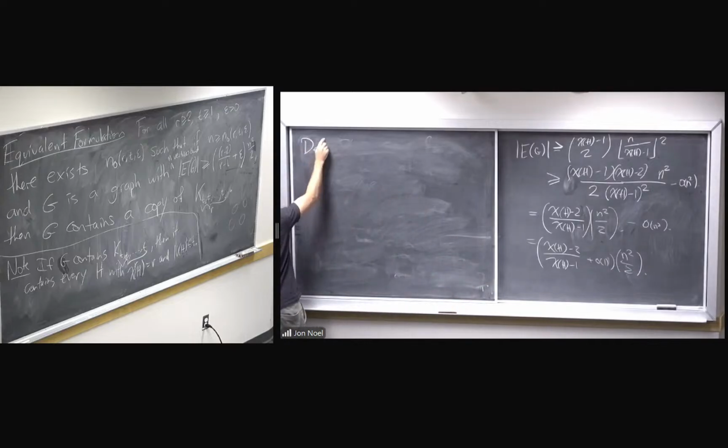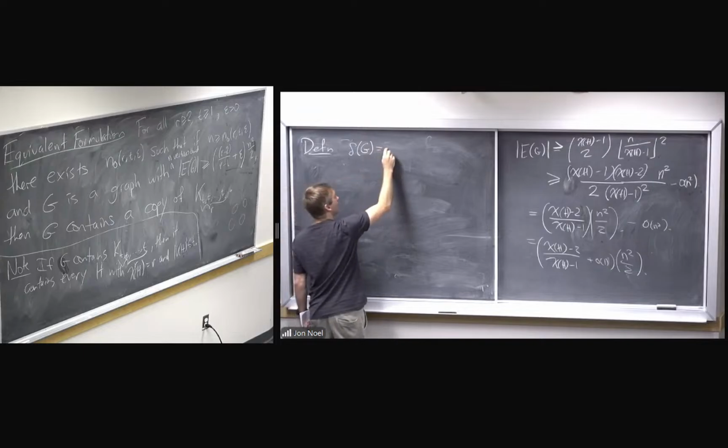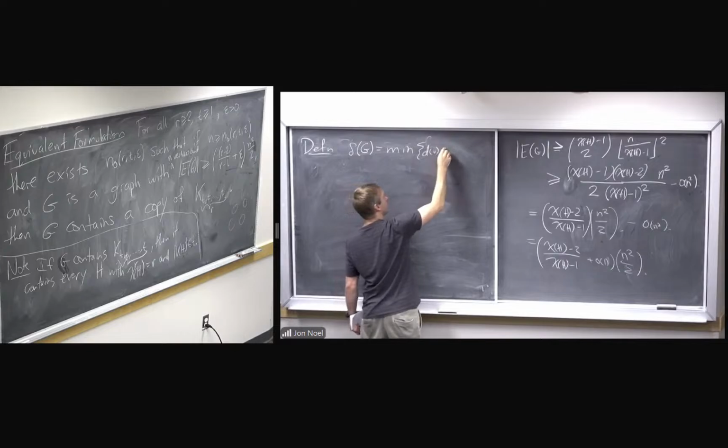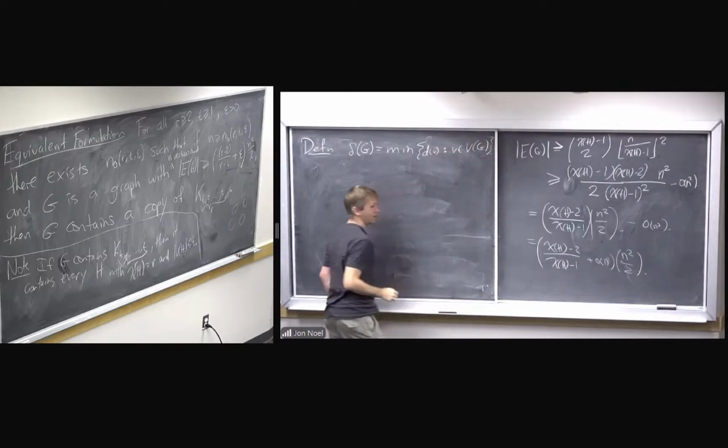So let me formally say what I mean by finding this graph of large minimum degree. First, a quick definition. Little delta of G is the minimum degree of a vertex in a graph, so the minimum among all the vertices.